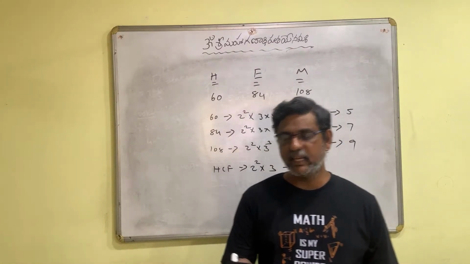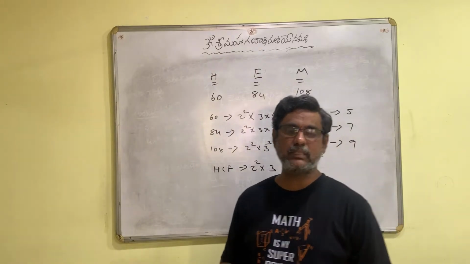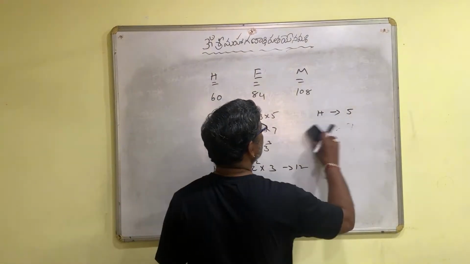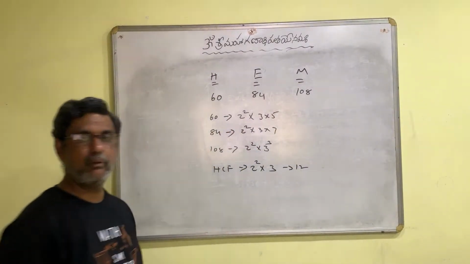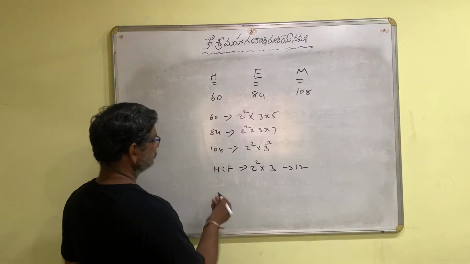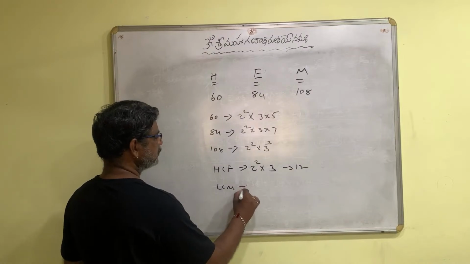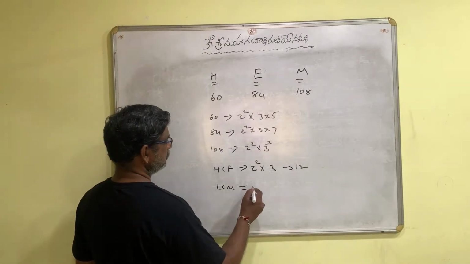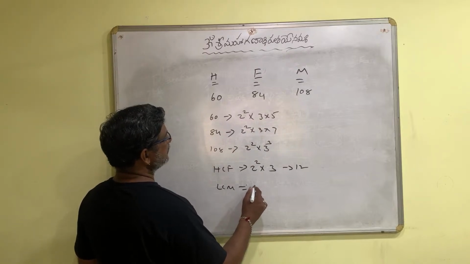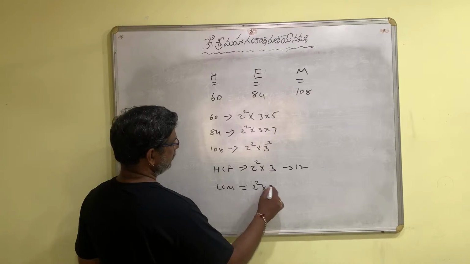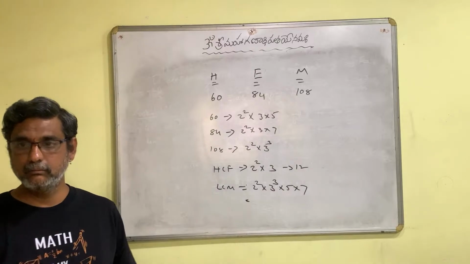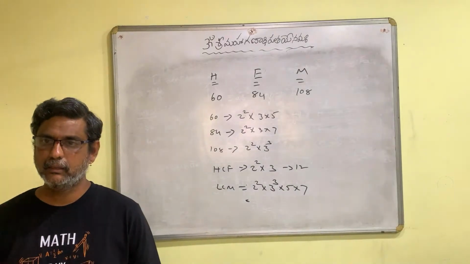Now third question. Children, calculate LCM for these 3 numbers. LCM is equal to different prime factors with highest powers: 2 square, 3 cube, into 5 into 7. 2 square, 3 cube.